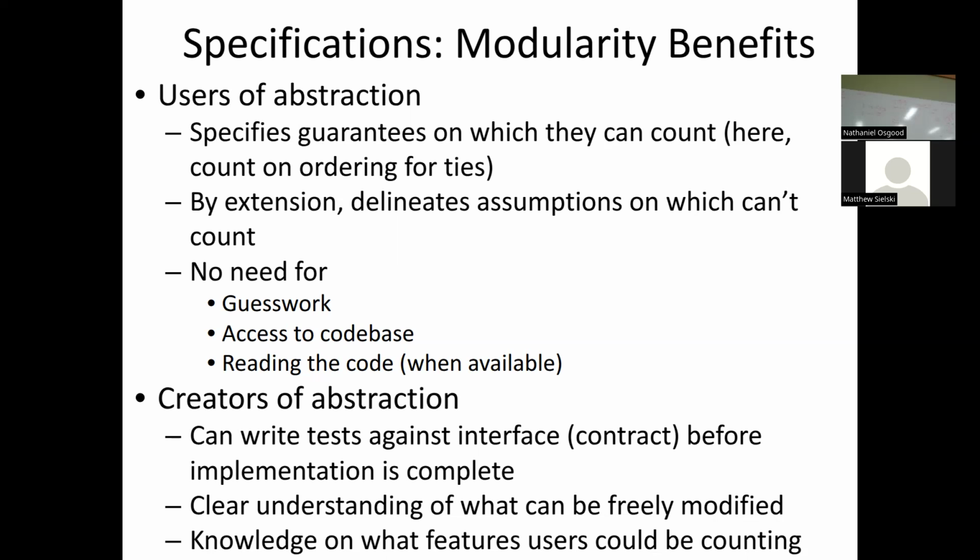We know the features, the properties of this on which we can count. And we're forewarned because if it's not in the specifications, we should have fair warning that we can't count on it. So we don't have to guess. We don't have to go read the code.